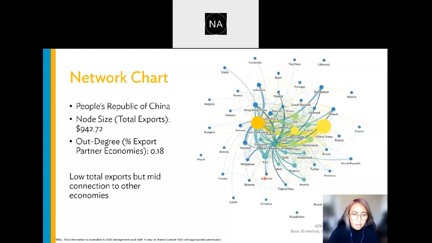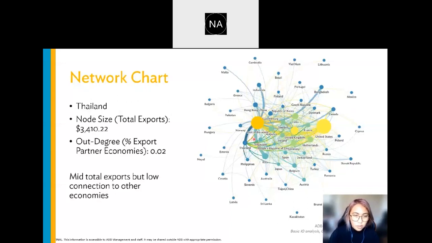And finally, we also look at an interesting case, which is China, which has a small amount of exports, but the connectivity is higher than those economies with a little bit higher total exports than China. And that's because China, even though the exports are small, are still connecting to a few more economies.